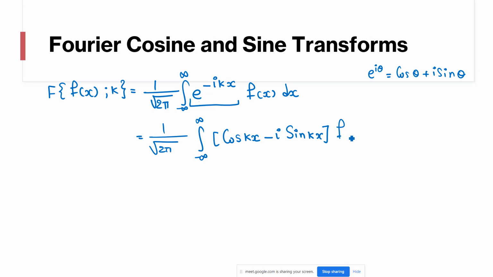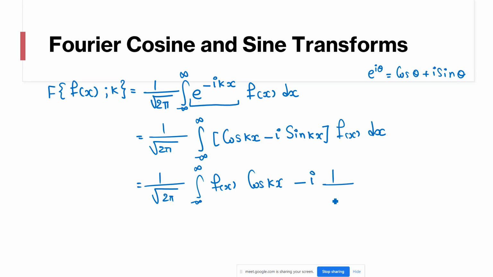So I divide this into two parts. It becomes 1 upon root 2 pi integrating from minus infinity to infinity f of x cos kx dx, minus i times 1 upon root 2 pi integrating from minus infinity to infinity f of x sin kx dx. This is nothing but my Fourier of f of x converted to variable k.